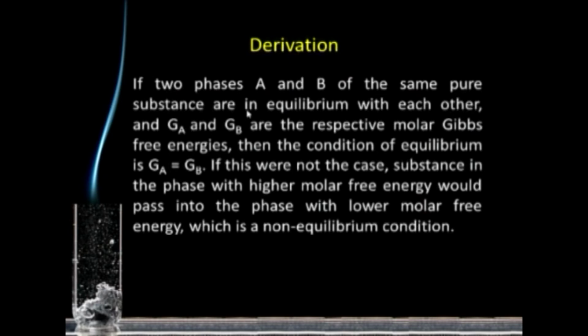If two phases A and B of the same pure substance are in equilibrium with each other, and Ga and Gb are the respective molar Gibbs free energies, then the condition of equilibrium gives us Ga equal to Gb. If this were not the case, substance in the phase with higher molar free energy would pass into the phase with lower free energy, which is a non-equilibrium condition.